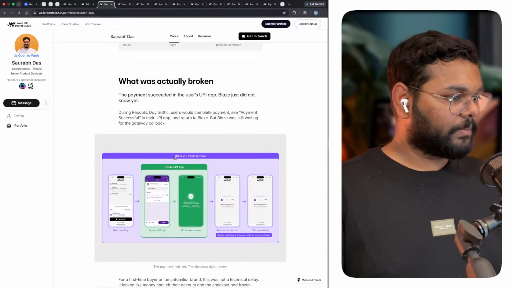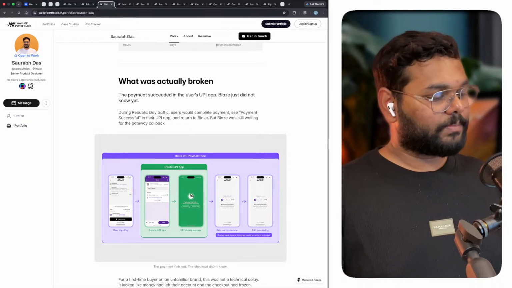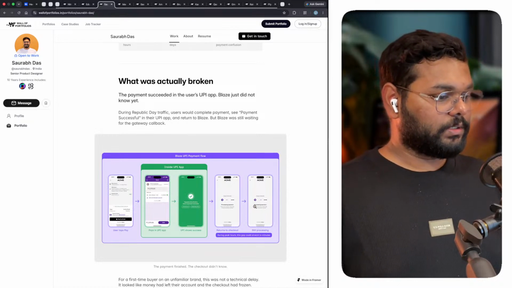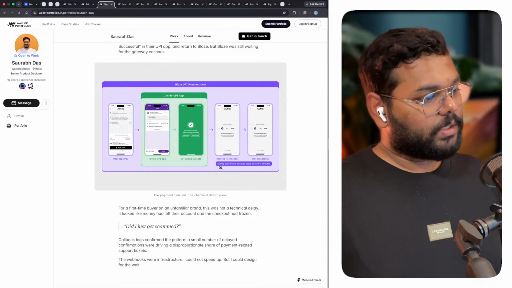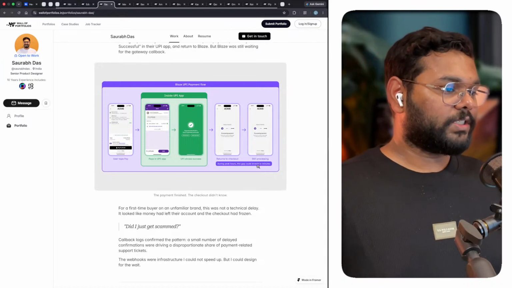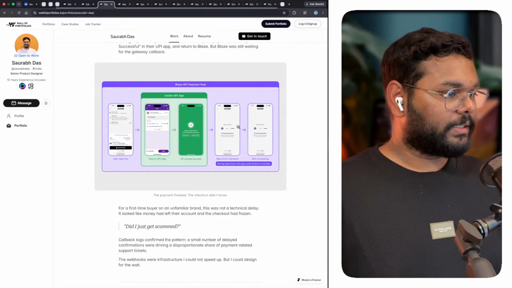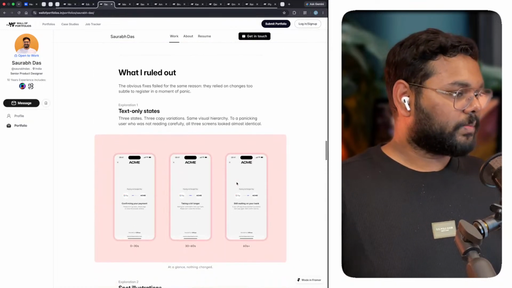Inside the UPI app, the UPI payment flow. Okay, so from here it opens the UPI app, sends, goes here, and is still processing. So this is the real problem. During peak hours, this gap could stretch to 2 minutes, and that's what they solved for.